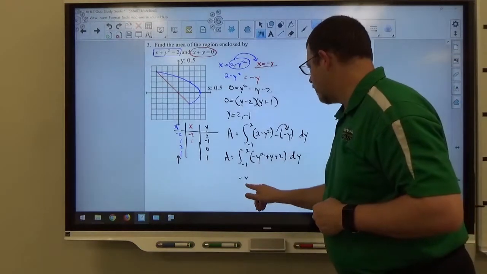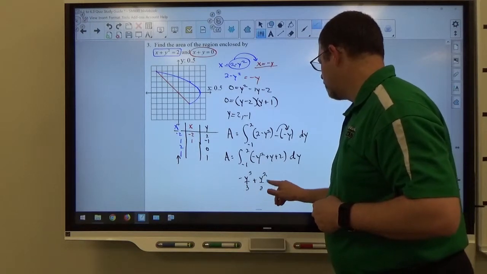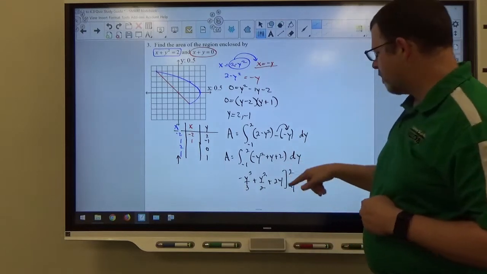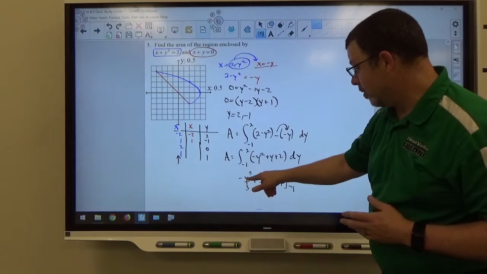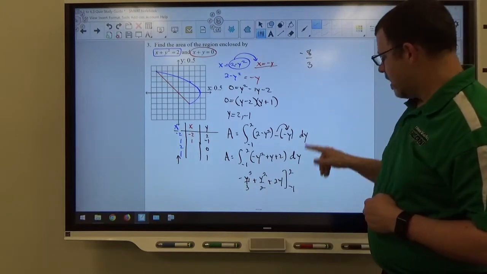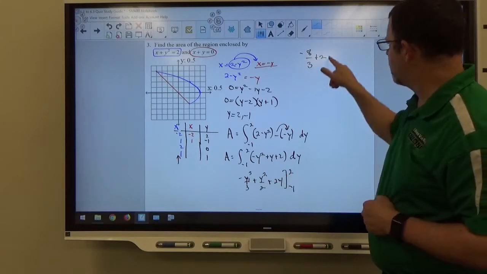I'm going to get negative y cubed over 3 plus y squared over 2 plus 2y, going from negative 1 up to 2. If I put 2 in first, 2 cubed is 8, negative 8, so negative 8/3. And then 4 over 2 is plus 2, and then plus 4.